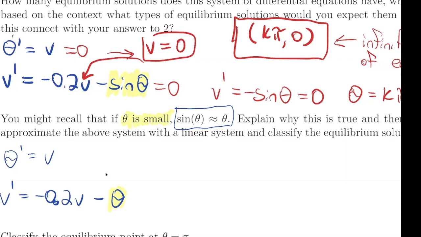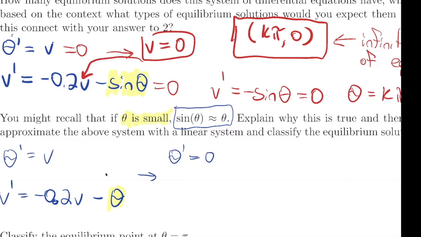And now this is linear, right? Where I could write theta prime as 0 times theta plus 1 times v, and v prime as minus theta. Okay, just to set it up in a way that we can very easily see what the matrix of coefficients would be here.